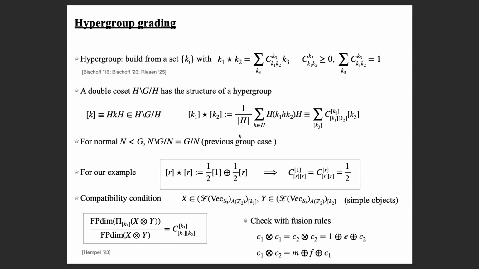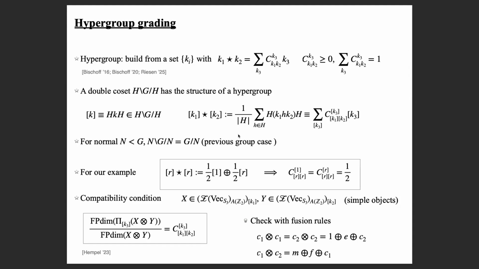And importantly, to a double coset, like the one we are considering in our example, you can always give the structure of a hypergroup with this particular multiplication. And notice that if you pick N to be normal, like in the case of the charge conjugation example in S3, then this hypergroup just reduces to G mod N, as in the previous statements.